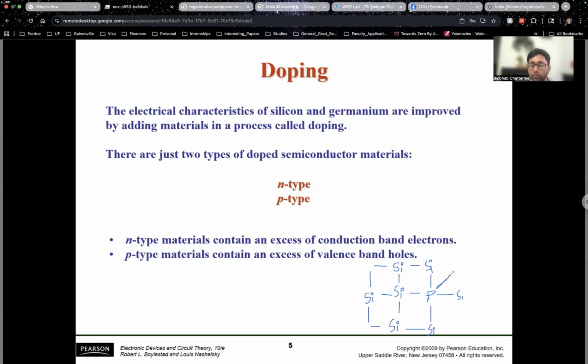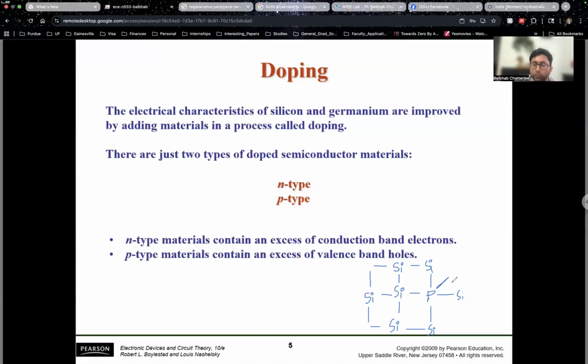And that electron cannot bond with anybody else. Because this is an extra electron, it takes very little energy for that electron to detach from this phosphorus atom and then move around in the overall structure.